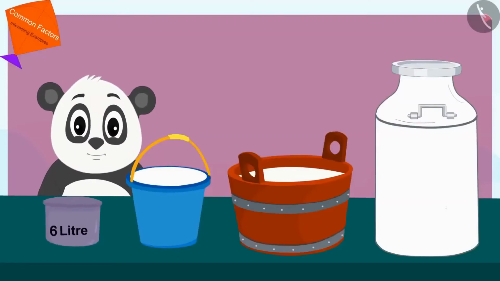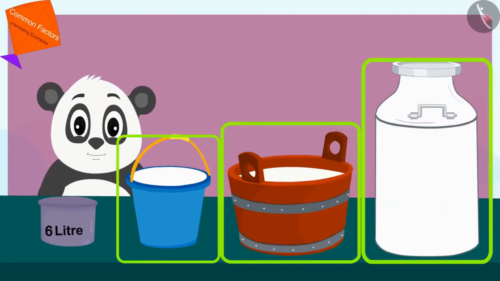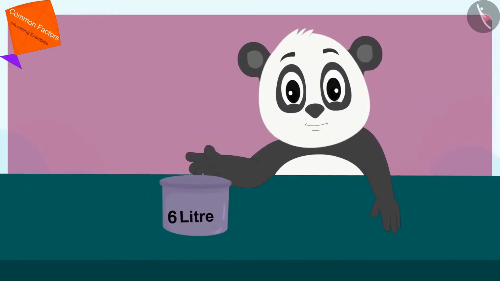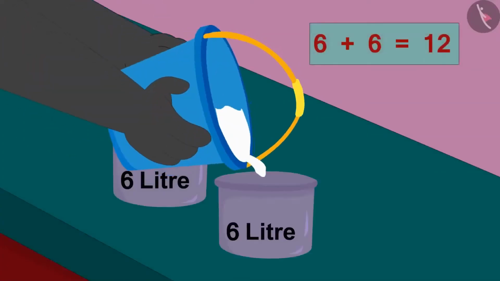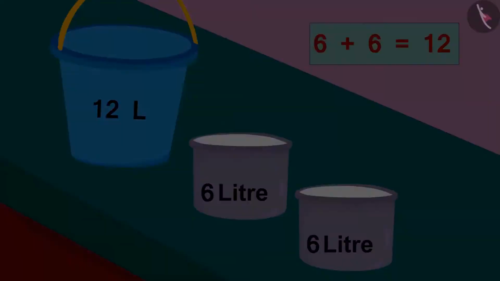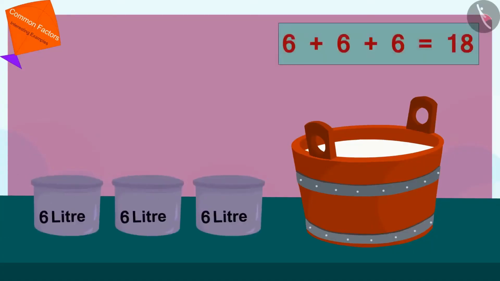Golu began measuring the milk filled in all those pots with a 6-liter vessel. To measure the milk filled in this vessel, Golu used that 6-liter pot twice. For this pot, he used the 6-liter pot 3 times.